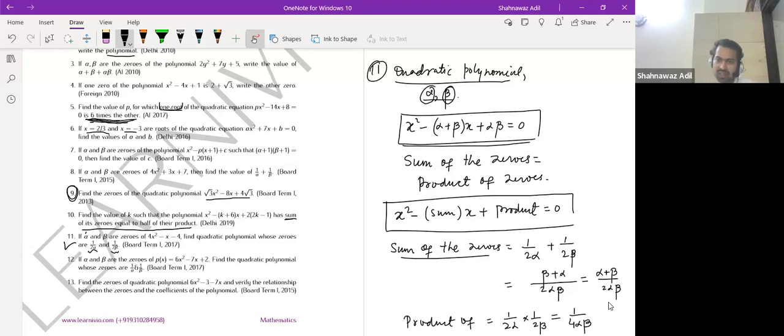Can we get the sum of the zeros and product of the zeros? From the 11th question, just look at this sentence up to this point. So from here, what is alpha plus beta?